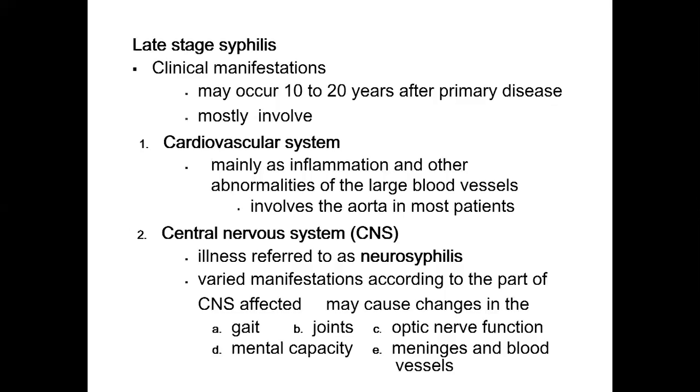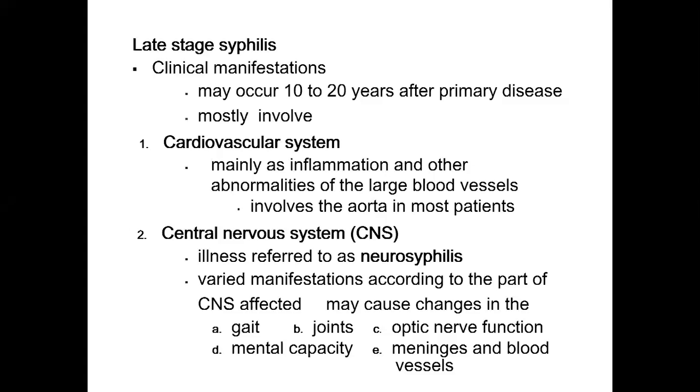Then the late stage disease, clinical manifestations occur much later, 10 to 20 years after the primary disease, and the manifestations target two major systems. One, the cardiovascular system, and here also it's more of a disease of the large blood vessels.